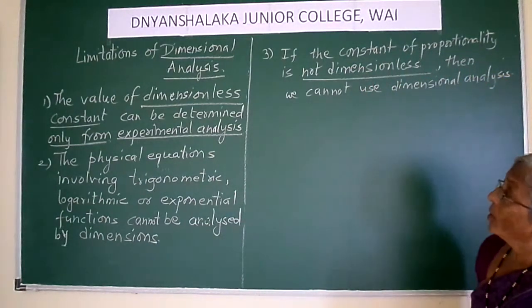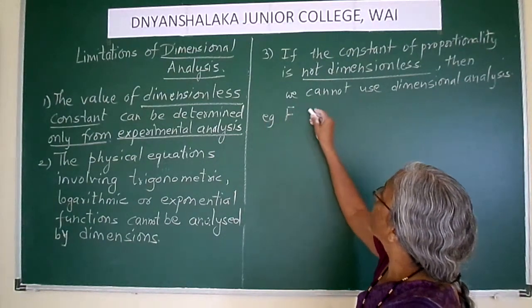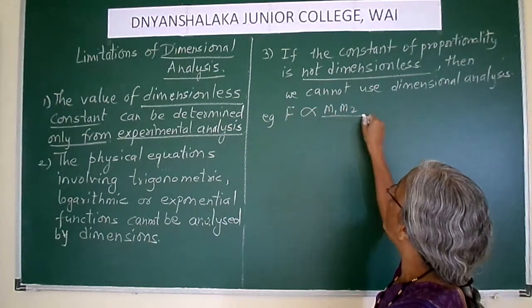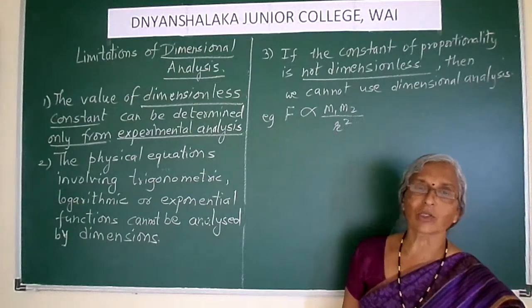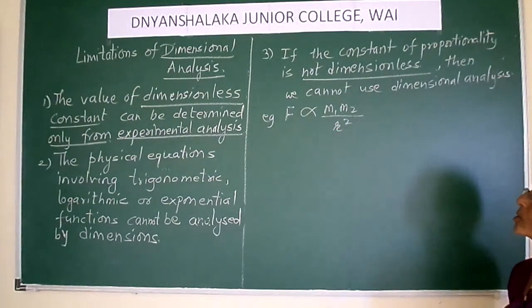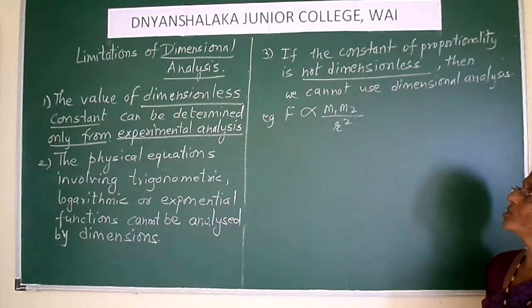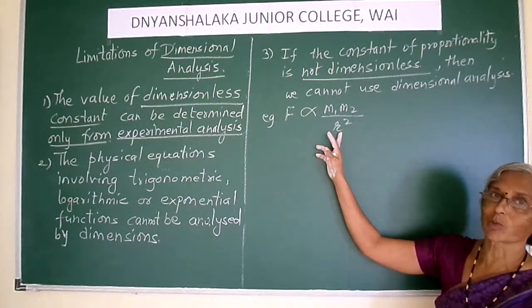Now, for example, if you take the equation F is directly proportional to m1 m2 upon r square. Now this you have done as an equation in gravitation. Force is directly proportional to the product of the masses of the two objects in which gravitational force exists and inversely proportional to the square of distance between them.